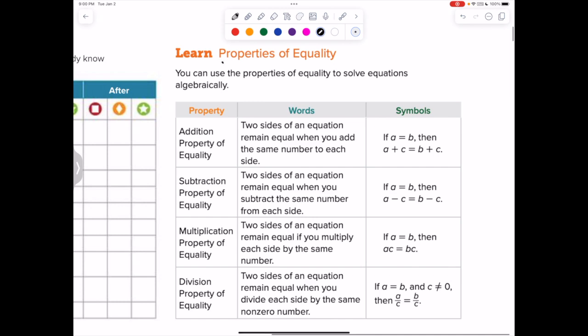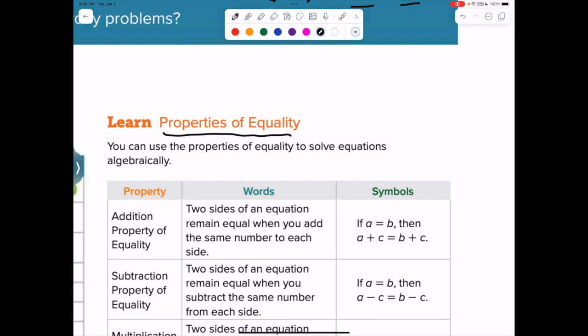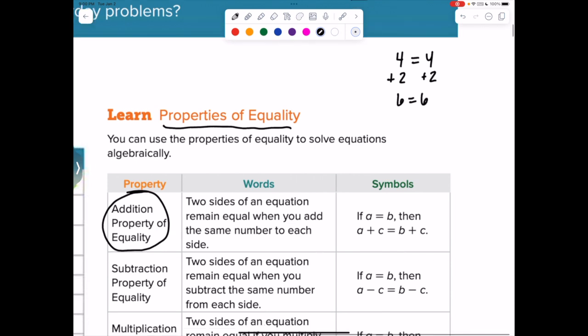This properties of equality, it's a lot of words for basically just saying something that you already know. So like if I have 4 equals 4, the addition property says if I add the same thing to both sides, I still end up with an equivalent statement.